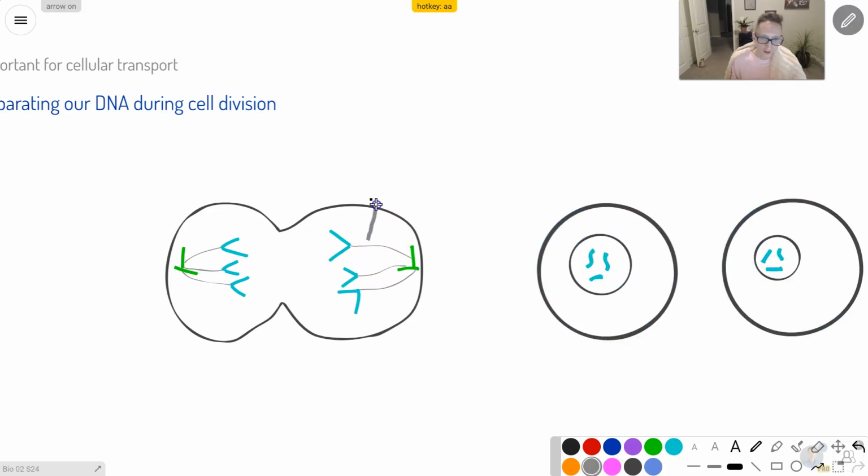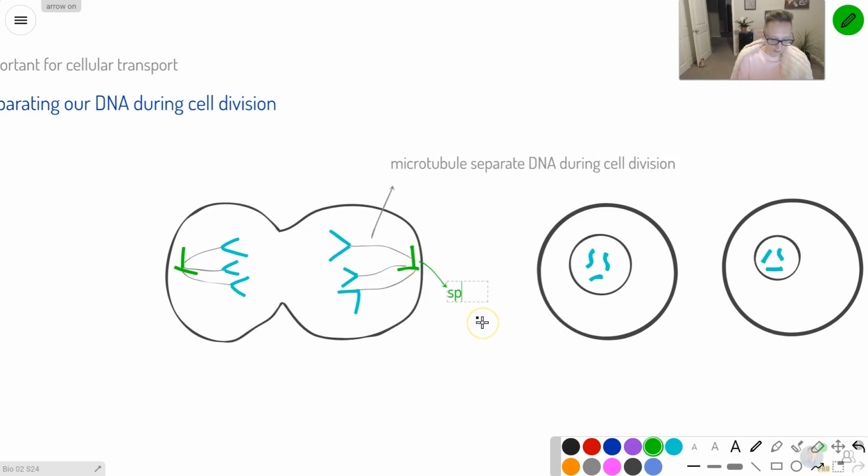So this is a microtubule. Microtubules separate DNA during cell division. These are specialized short microtubules that other microtubules grow out of.